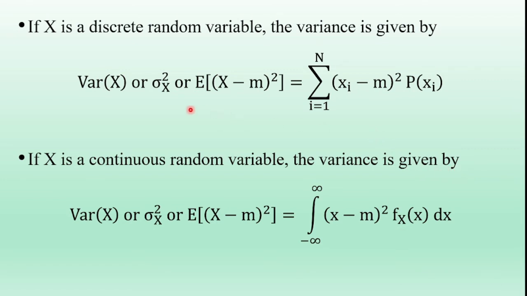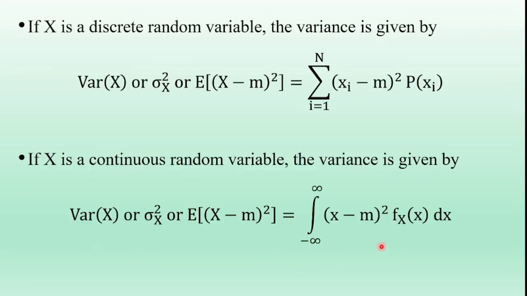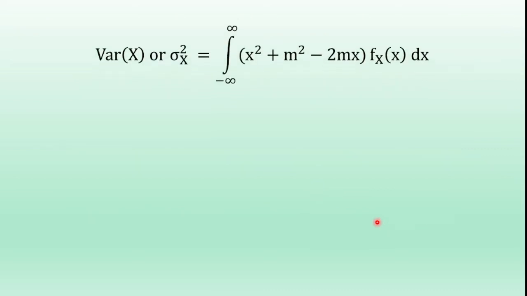Either the discrete type expression or the continuous type expression can be further simplified. First, I am going to simplify the continuous case expression. On the right-hand side we have (x minus m) whole square. Expanding (a minus b) whole square as a square plus b square minus 2ab, we get (x square plus m square minus 2mx) into fX of x dx.